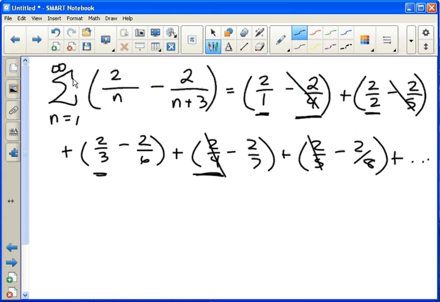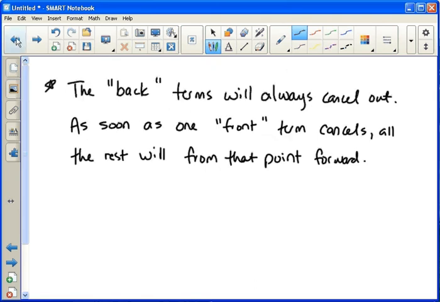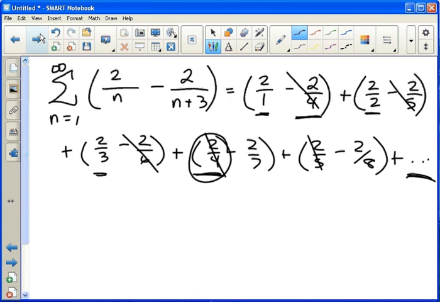And if you notice, I finally had a front term cancel. So if you go with the principle I just wrote back here, the back terms will always cancel out, and as soon as one front term cancels, all the rest do. So we can guarantee these cancel, and everything after the point I circled is going to cancel. That leaves us with 3 spots: 2 over 1 plus 2 over 2 plus 2 over 3.